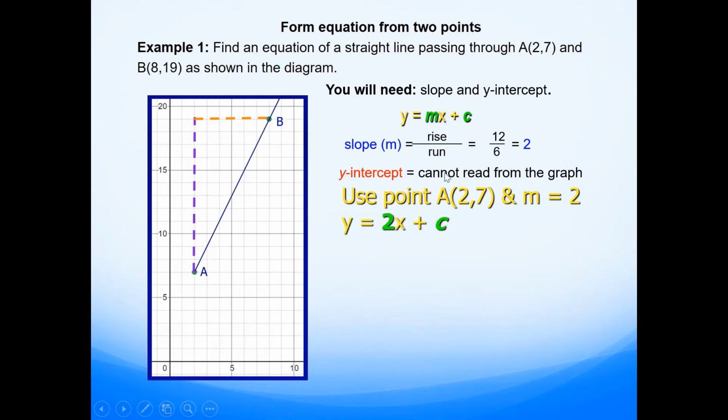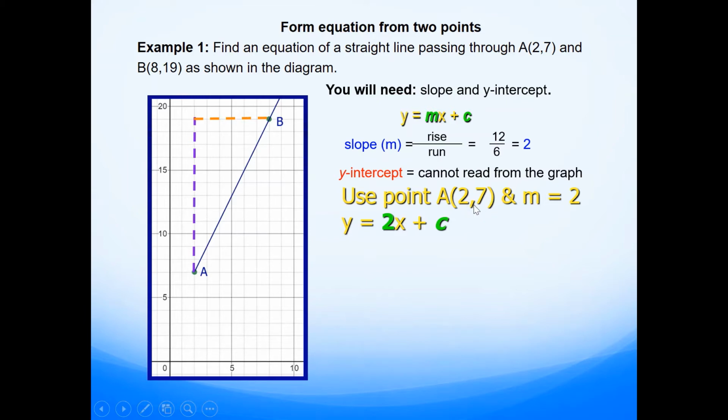So y is equal to mx plus c. This is the general form for a straight line, and we'll substitute the value for gradient, which is 2. So it becomes y equals 2x plus c. And then using the first point, note that the point is written in the form x comma y.